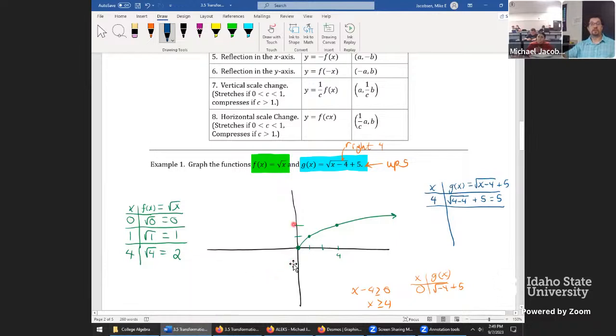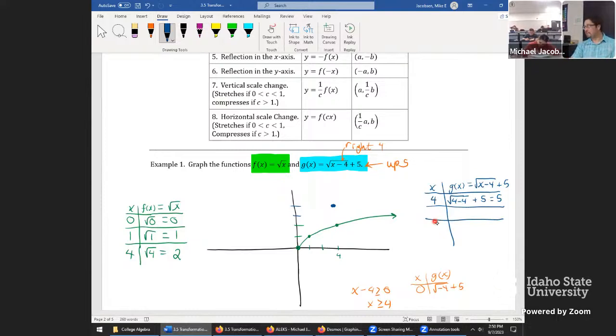Does that make sense to folks so far? Awesome. Let's plot these as we go, maybe. So I'm at 3, 4, 5. So go over 4, up 5, and that's our first point on the graph right here. I'm going to put in 2 more points, just like we did for the original toolkit function, root x. So I need a next best value.